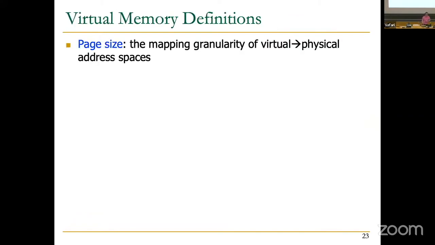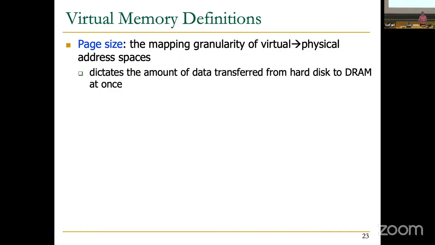So page size is the mapping granularity of virtual to physical address spaces. It also dictates the amount of data transferred from hard disk to DRAM at once. And the reason a lot of the page sizes today are 4 kilobytes is historical, because the disks were designed that way. They could bring, let's say, 512 bytes or 4 kilobytes easily through streaming.